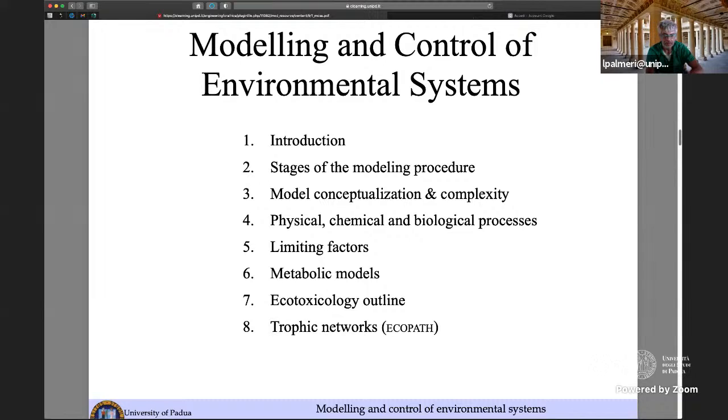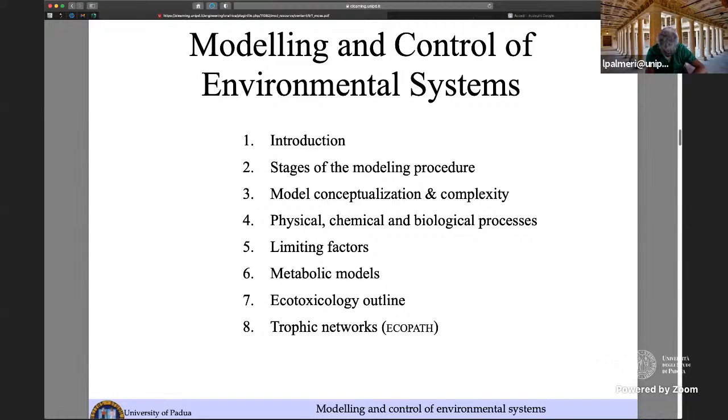Non-limitation does not exist in biology. Living systems, by their definition, are always somehow limited, and we will give some examples of this limitation. We may have space, resource, time limitation, conceptual limitation, and so on.